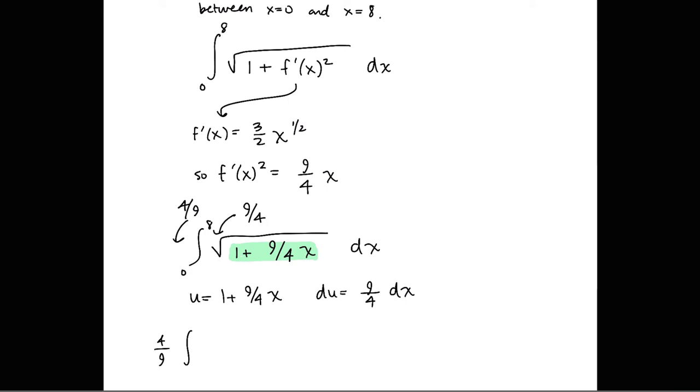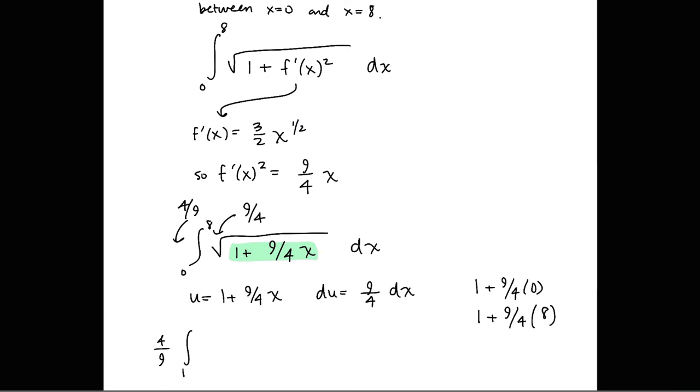So plugging in my endpoints, I get 1 plus 9/4 times 0, which gives me 1 for the lower limit, and for the upper limit I get 1 plus 9/4 times 8, so 9 times 2, so 19, I believe.